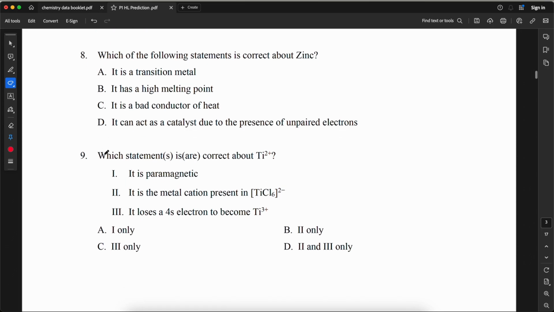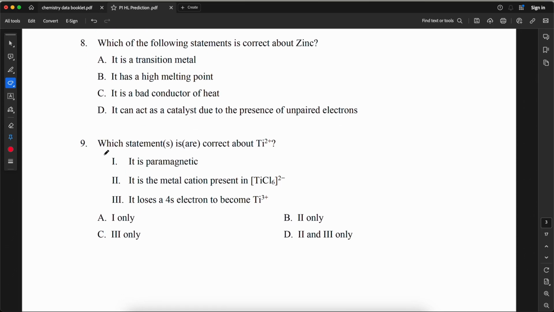Which of the following statements is correct about zinc? Zinc with the electron number 30, the electron configuration is Ar 4s2 3d10. So the d subshell is fulfilled. It has no color. Therefore, this is not the answer. It has a high melting point. Correct. Because like most metals, the structure is a lattice of cations with free and delocalized electrons that has electrostatic attraction forces.